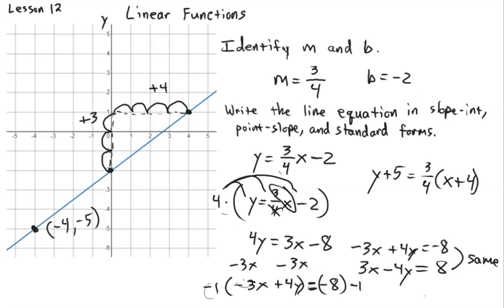And it's x plus 4 because our x value, x1 here, is negative 4. And it's y plus 5 because our y value, y1, is negative 5. And so we want to do y minus negative 5, so y plus 5. And we want to do x minus negative 4, which is x plus 4. And so this is our point-slope form.